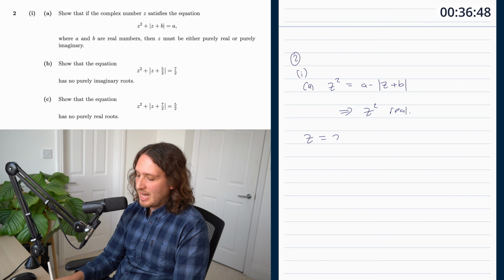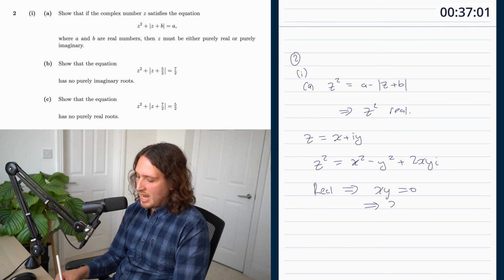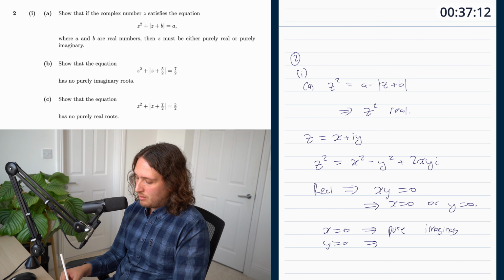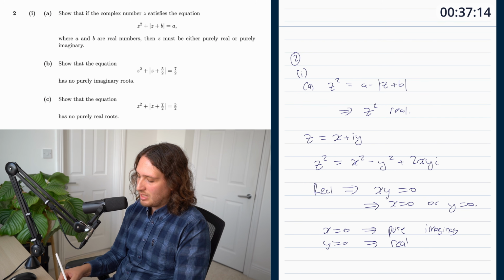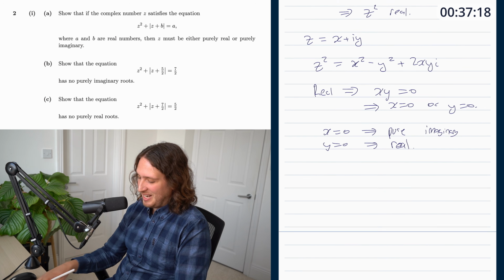Right, so if I write z is x plus iy, z squared is x squared minus y squared plus 2xyi. So real tells me that xy is 0, which tells me x is 0 or y is 0. But x is 0 implies pure imaginary, and y is 0 tells me that I've got something real, because they are the real and imaginary parts. Okay, that's part A done.